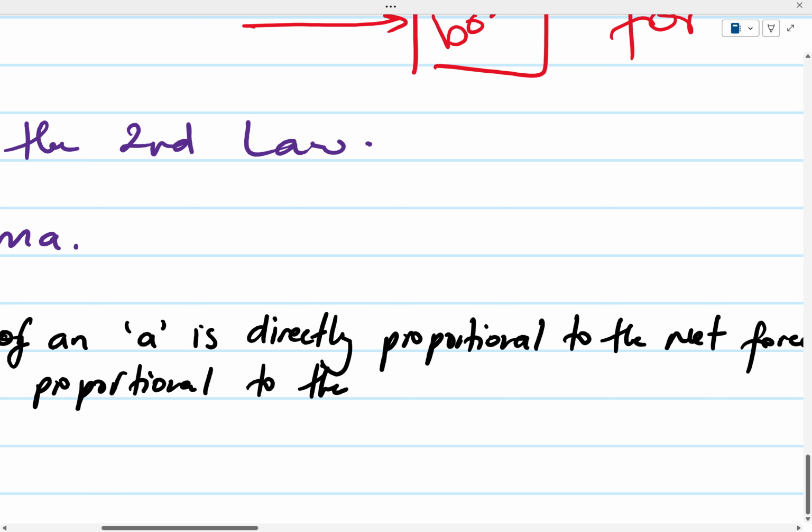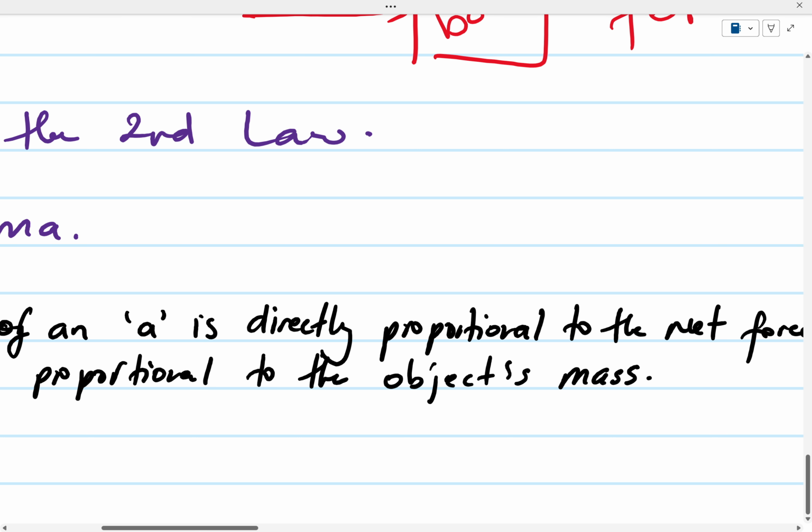So what are we seeing here? We're seeing that the acceleration is directly proportional to the force on an object, but the acceleration is actually inversely proportional to the mass. That's Newton's second law restated.